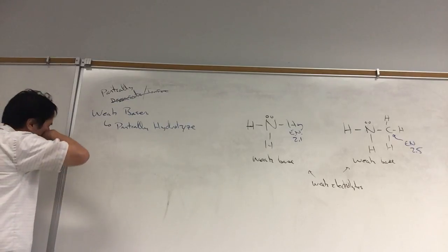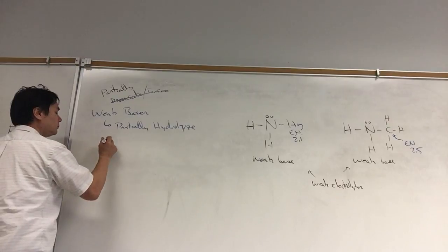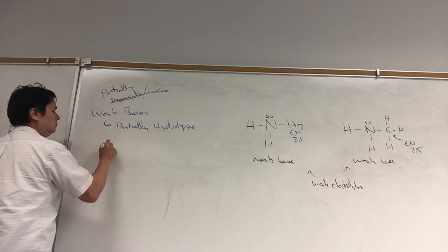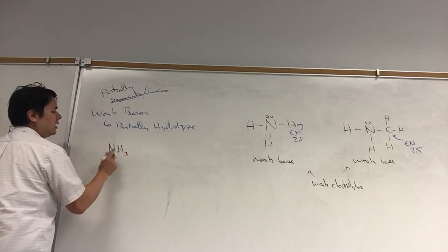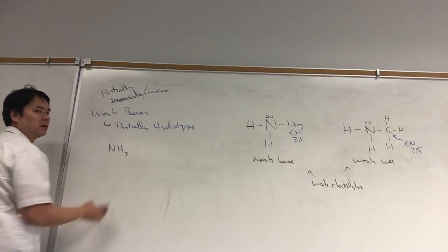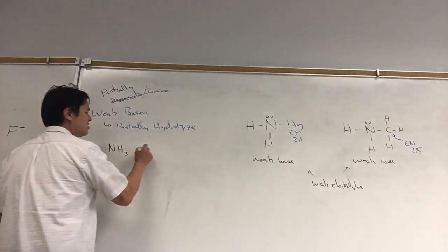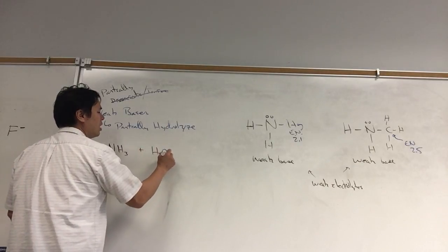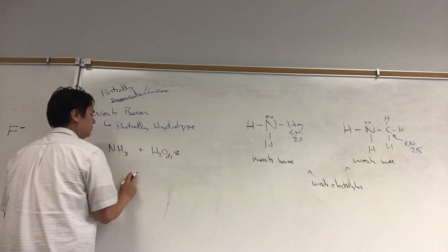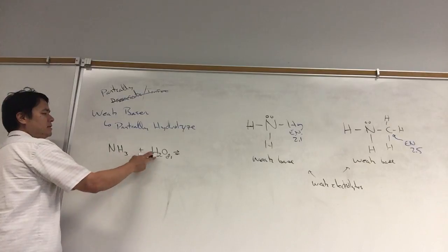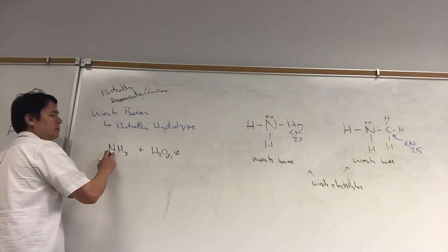And so let me give you an example of that. Ammonia itself isn't going to split apart into ions. What is going to happen is ammonia is going to react with water and hydrolyze. Bases are proton acceptors, so we accept a proton here.